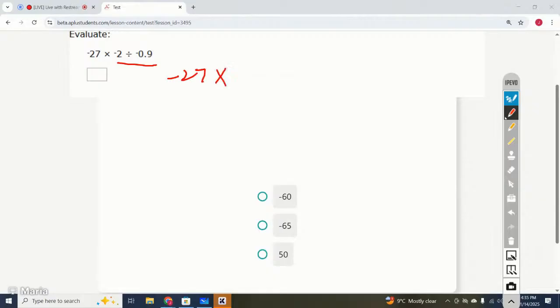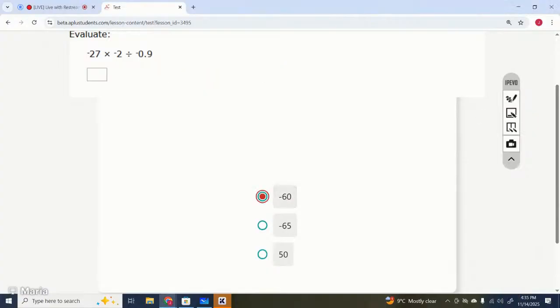Negative 27, just divide 2 divided by 0.9. That is 2.2. So now multiply 2.2 times 27, that is 59.4. So option number 1 is the correct option, that is negative 60.